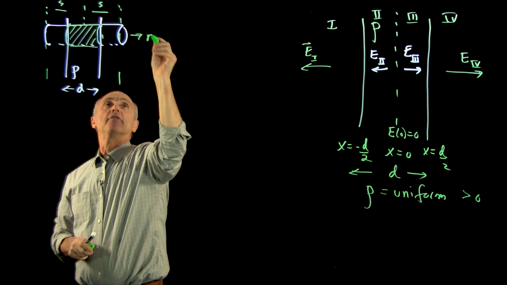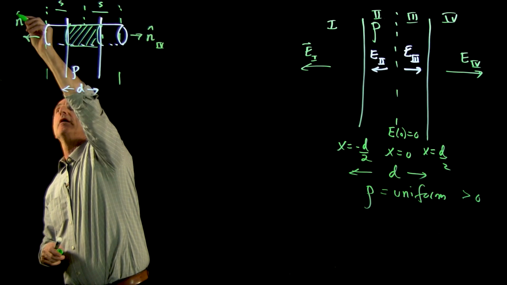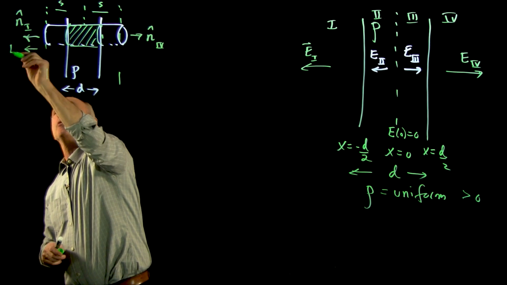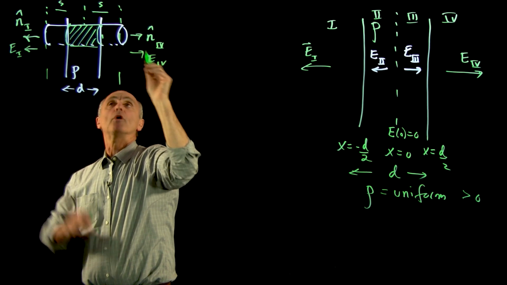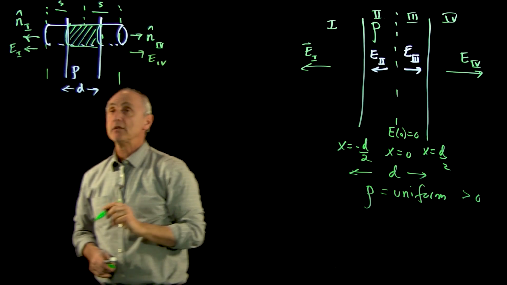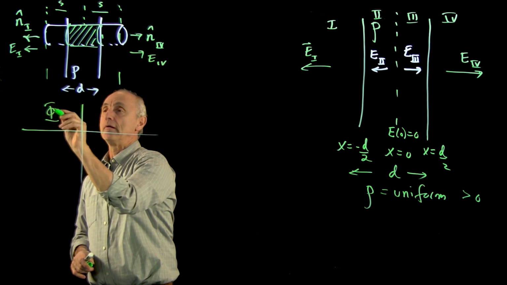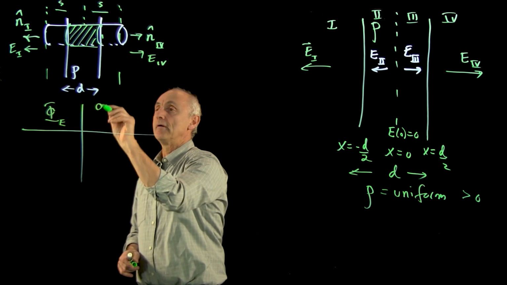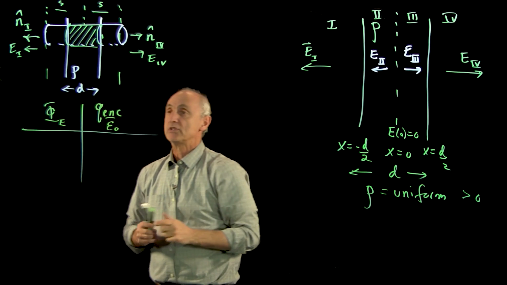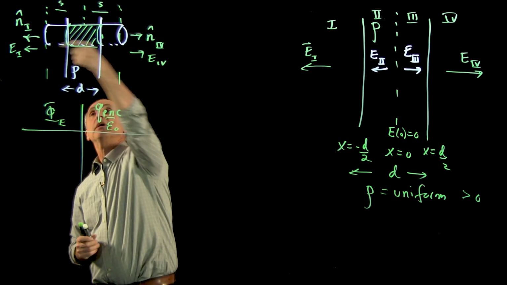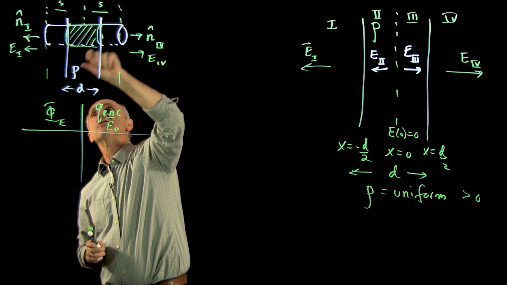Now again, we have n hat, this is region 4. We have n hat, region 1. We have E, region 1. We have E, region 4. But we've said those are the same magnitudes. So we can apply Gauss's law that the flux of E is equal to the charge enclosed. And now, once again, we can calculate. Because the electric field points away, there's no flux through the body of the cylinder.